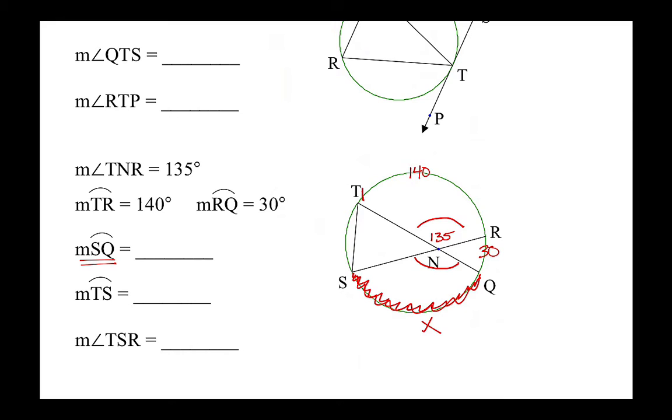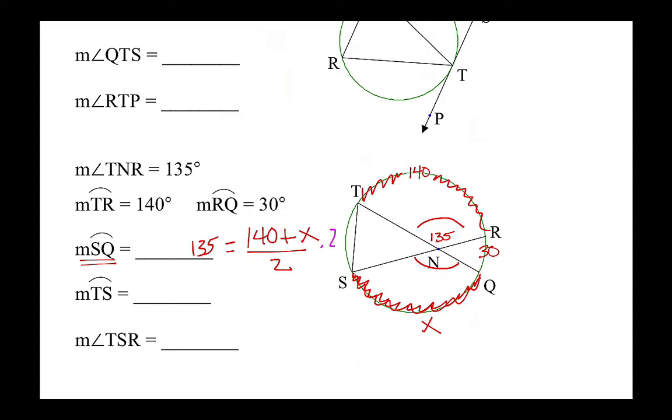So that means this 140 degree arc plus the intercepted arc of x, SQ, that I'm looking for, divided by 2 should equal this 135 degree chord-chord angle inside the circle.